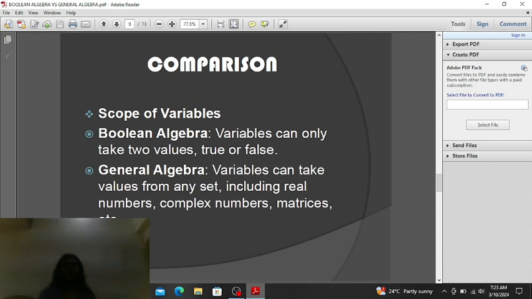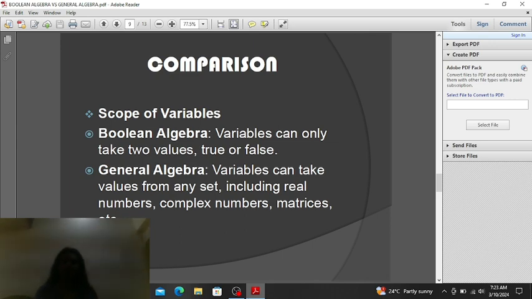So now I'll be comparing general algebra and Boolean algebra. We'll see how they are different and similar at the same time. First I'll look at the scope of variables. In Boolean algebra, the variables can only take two values, as we discussed earlier, which are true or false.